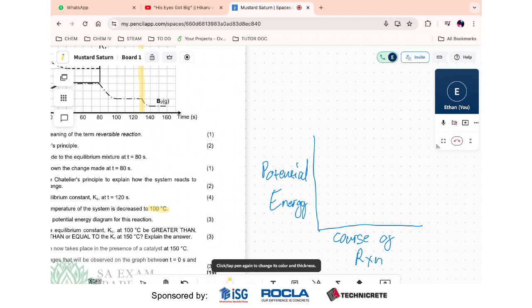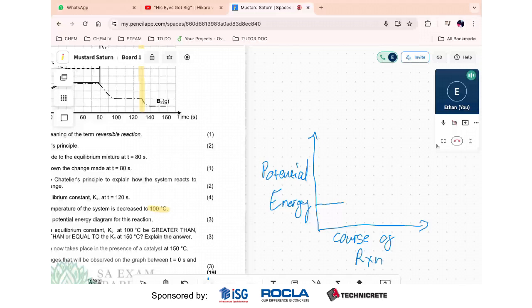This is supposed to be a y. Okay. So basically, what we're looking for is that initially the products are definitely low in energy. I mean, not products, the reactants.